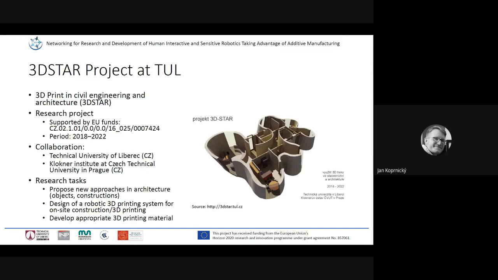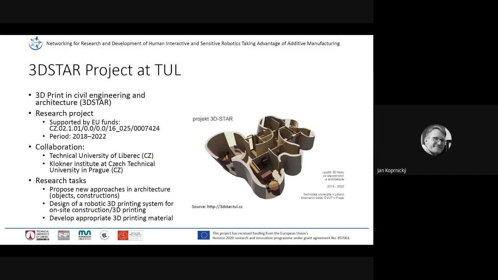It's a collaboration of two institutions. One main institution is Technical University of Liberec, and the second institution is Klokner Institute at Czech Technical University in Prague. So it's a quite complex project.